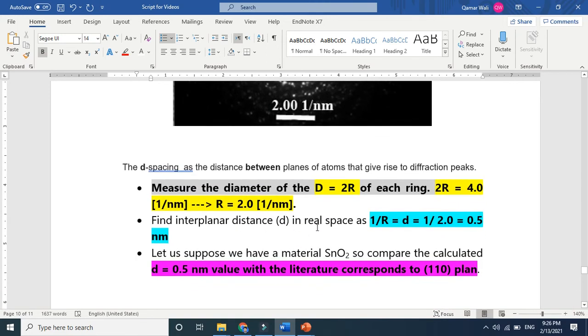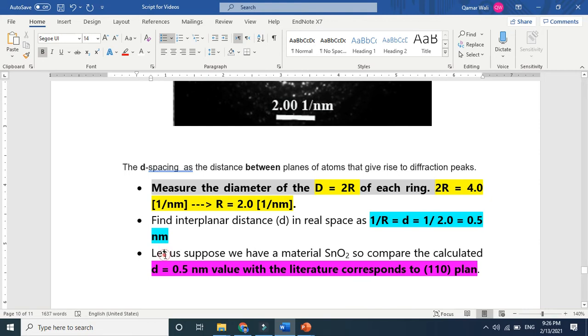Now we know there is a relation between the reciprocal lattice and real lattice distance. They are inversely proportional to each other. So we can see that the distance between the two planes is 0.5 nanometer. Very easily we can find the spacing between two planes from a SAED pattern, right?